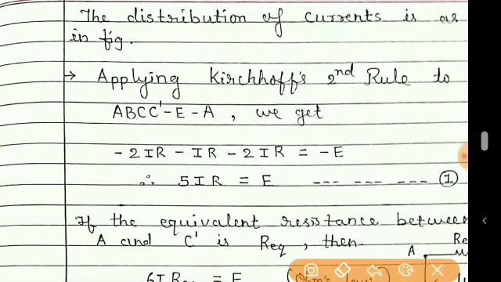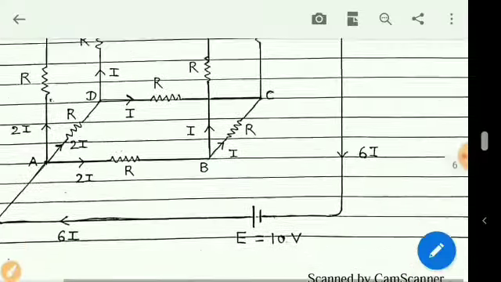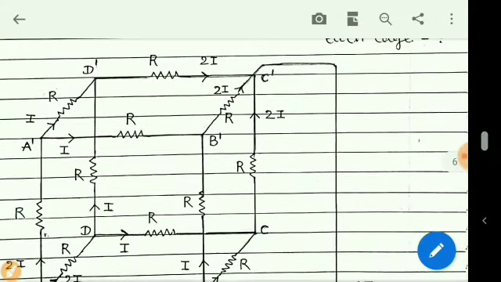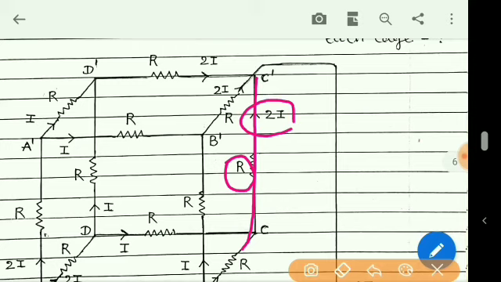So the second term is minus IR. Then from point C to C dash, there is a resistor R, and here the current is 2I. Why is it 2I? Because this side current I and this current I meet at this point. So the total current will be I plus I, which is 2I.